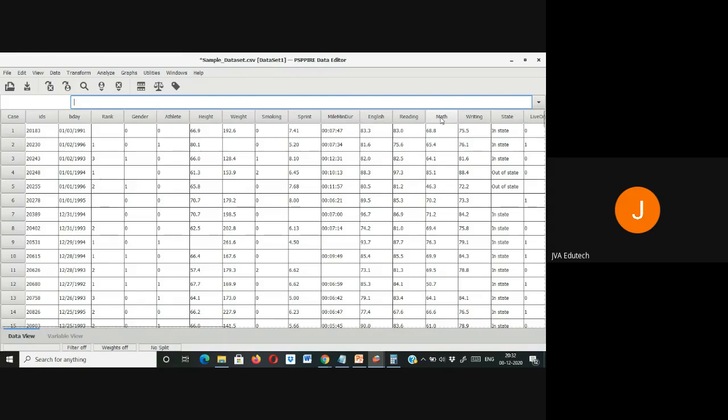Now we want to apply the paired sample t-test in this case, to test whether there exists a significant difference in the mean of the two scores, the math and the English.